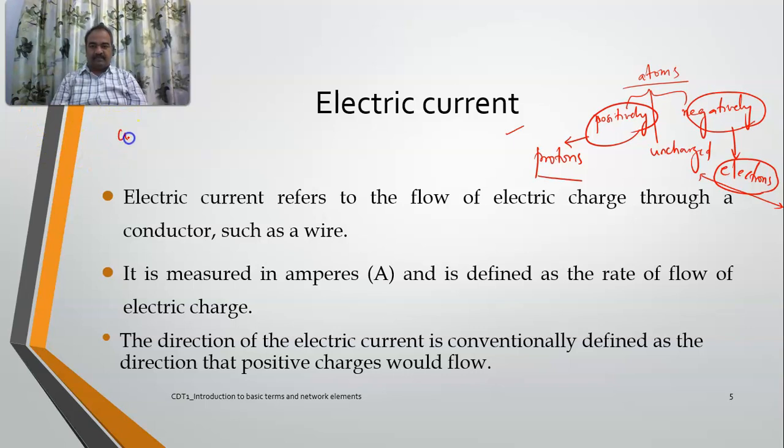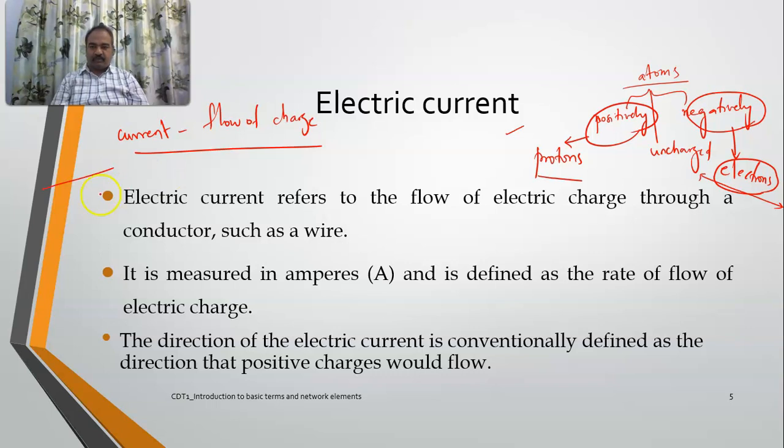So, current is referred to as flow of electric charge. In electrical engineering or electronics engineering, we refer to electric current as the flow of electric charge through a designated conductor. A conductor is any material which freely allows the movement of charges.